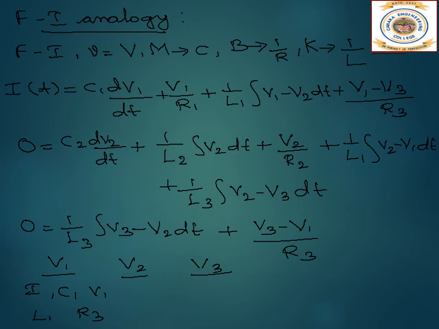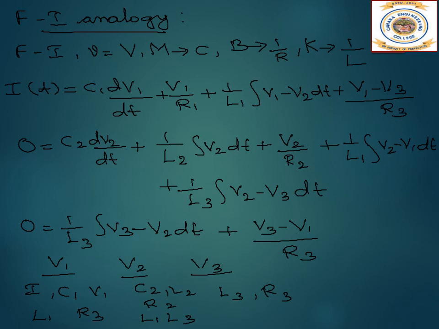V2 node only has C2, L2 and R2. Then we also have L1 and L3. V3 node has L3 and R3, which is again common between two nodes. So L1 is common between node 1 and node 2, and R3 is common between 1 and 3. L3 is common between 2 and 3.